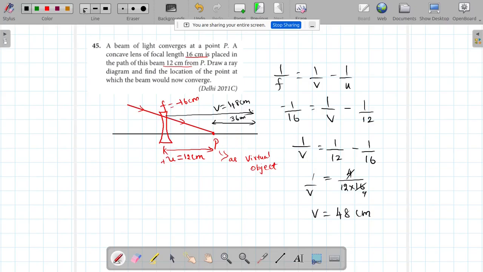Therefore, suppose our final image is located at this point. So it is the final image. The actual ray is converging at this point, so instead of converging at point P, it is converging at this point. Yes, you draw the exact diagram in the bottom side also.